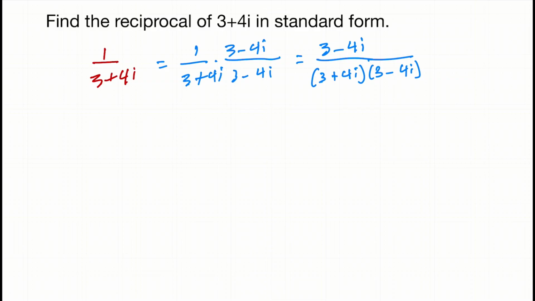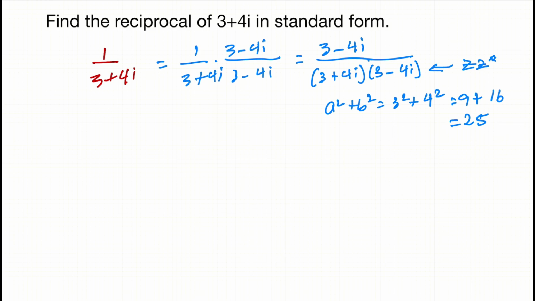Now we can either do this the easy way or the hard way. The easy way tells us that this denominator here, which is z times z star, is just going to be a squared plus b squared, which is 3 squared plus 4 squared, which is 9 plus 16, which is equal to 25.